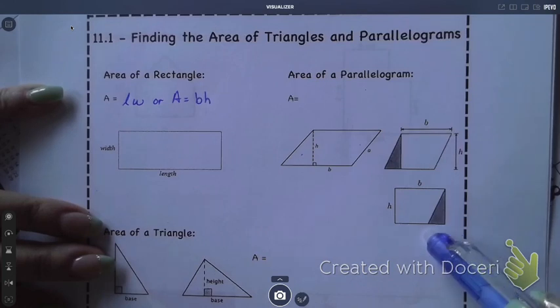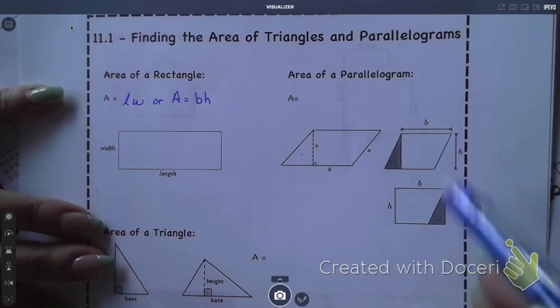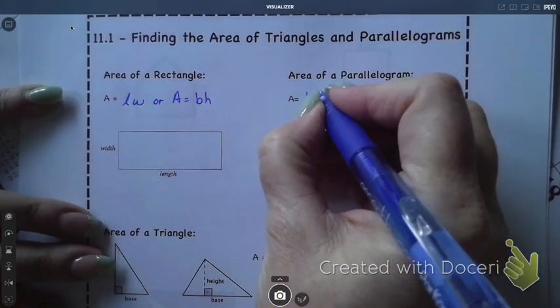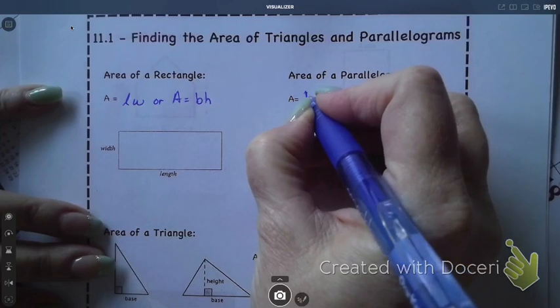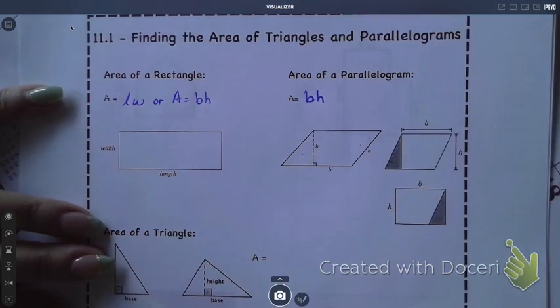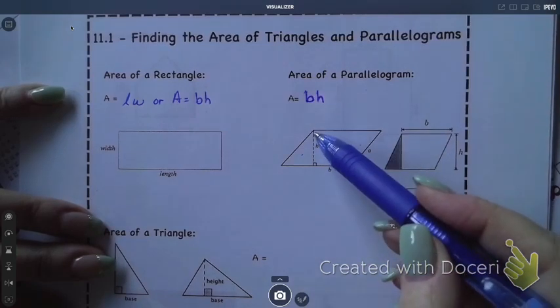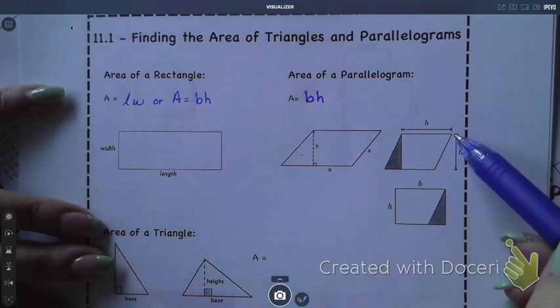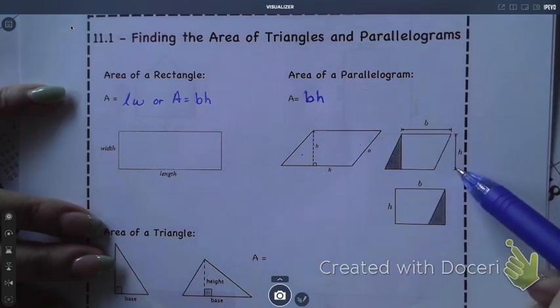Not square, a rectangle, correct? So a parallelogram is also base times height. Now, I would like you to notice in the picture sometimes the height is inside the parallelogram, and sometimes you can record it where? Outside.